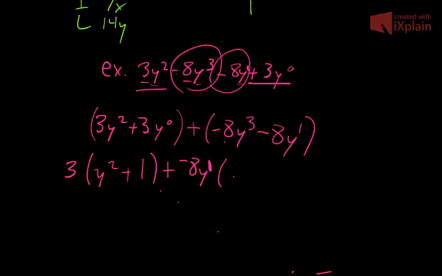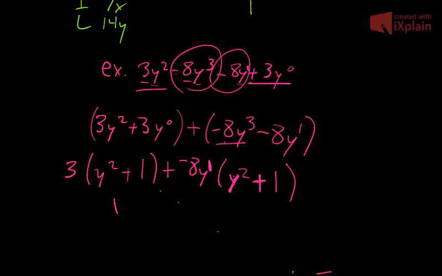And what I have left from this first term is going to be y squared. So negative 8y times y squared is negative 8y cubed. And I'm going to add, rather, since I took out the negative, plus 1, because 1 times negative 8y to the first is negative 8y to the first.